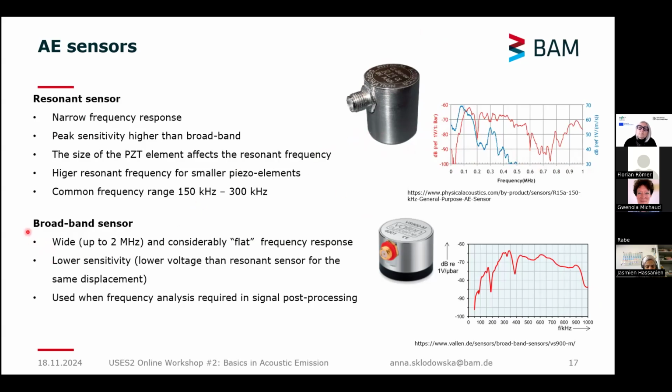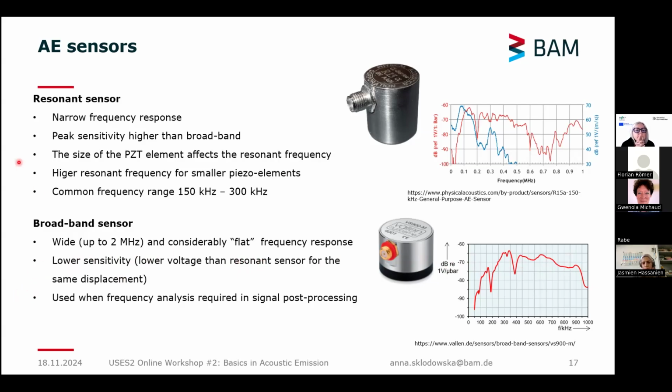The other type is the broadband type of sensor. They have a considerably flat frequency response. It's not really flat. It has some peaks and troughs, but it has quite a wide spectrum range, which means it's sensitive to quite a lot of frequencies.